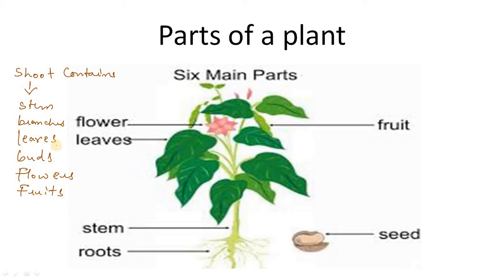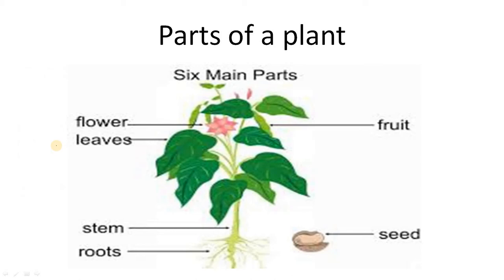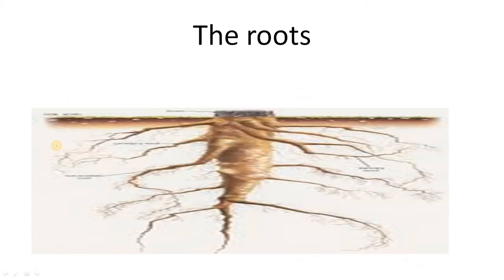Next, let us see root. Children, there are two main types of root. Root is underground, it grows under the ground, right? So this is how a root looks. It is a part of the plant that grows under the ground in the soil.